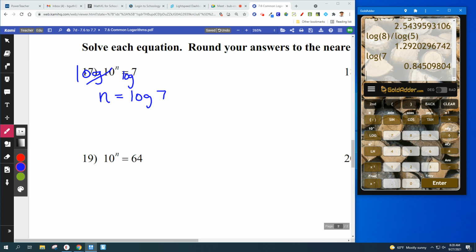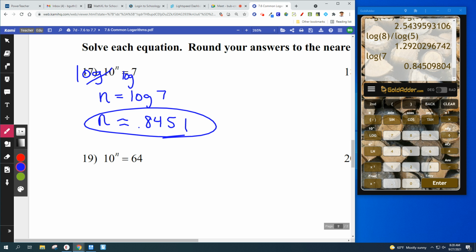Round your answer to the nearest 10,000th. That means 4 decimal places. So 0.8451. N is about 0.8451. It's thousandth, 10,000th, 100,000th, millionth.